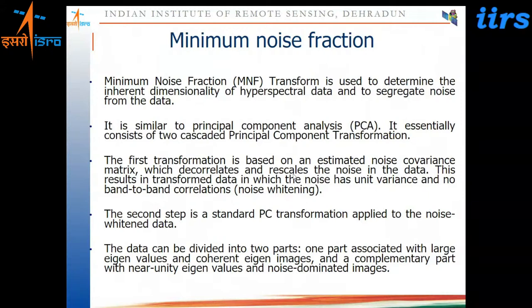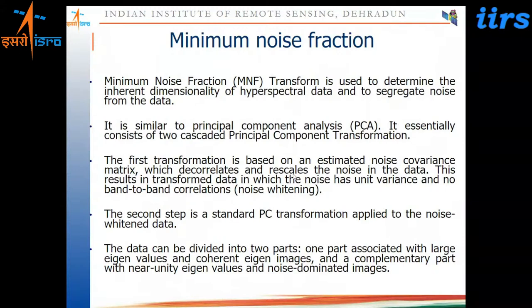The remaining data, the noise-whitened data, is again subjected to the principal component transformation as we did in the previous step. The mean origin is shifted to the mean, then the principal components are rotated in such a way that in one direction there will be PC1, and orthogonal to the previous PCs the next PCs are formed. In this second step, the same PC step is followed on the noise-whitened data.